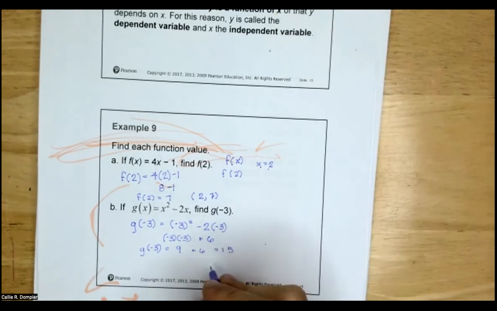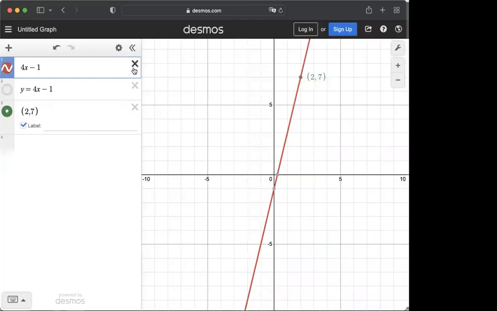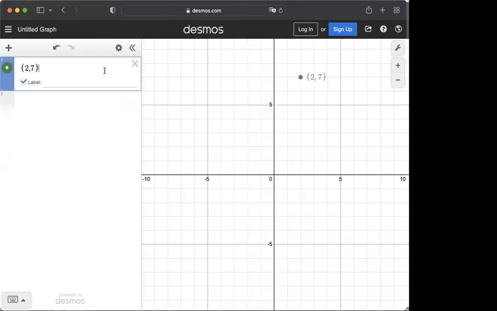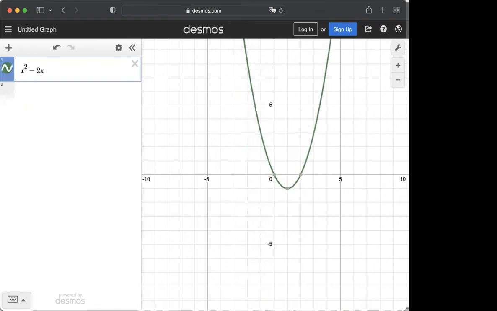That means one of the points on this line is -3, 15. So that graph looks like this. It was g of x equals x squared minus 2x.